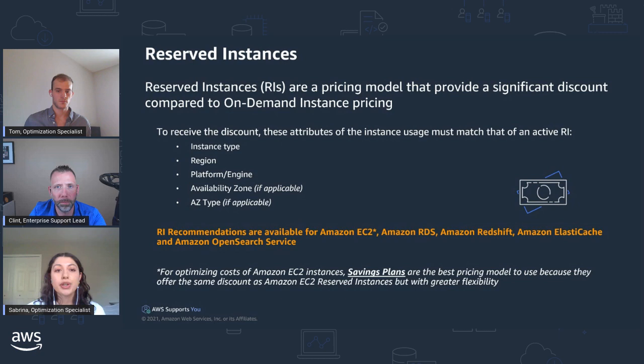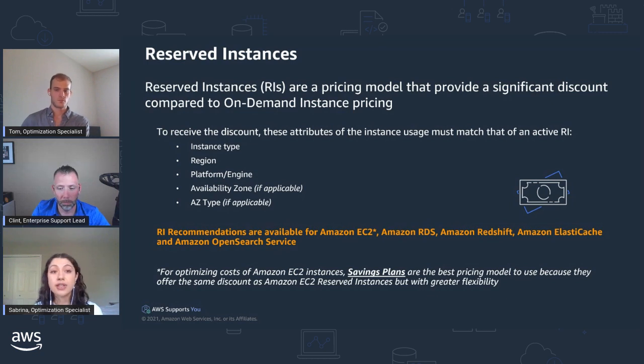I would say if you are looking to cost optimize your Amazon EC2 instances, it is the best practice that you would look to optimize via a savings plan, because savings plans are going to offer the same amount of discount as a reserved instance for EC2, but the savings plan is going to provide that same discount with greater flexibility.